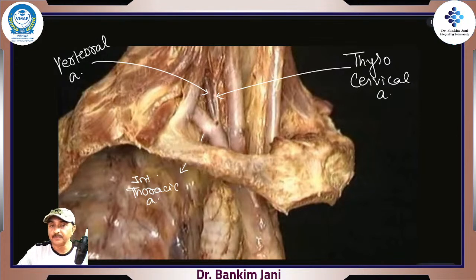Now, this vertebral artery is of tremendous importance. The reason is that the vertebral artery forms one of the important parts of the circle of Willis. Let's do one thing.